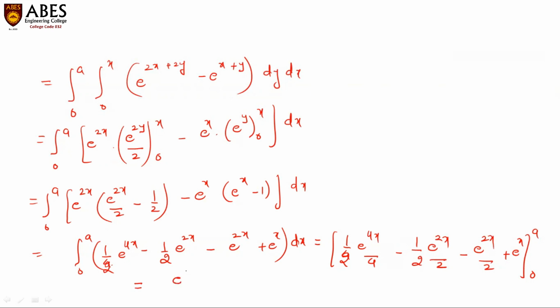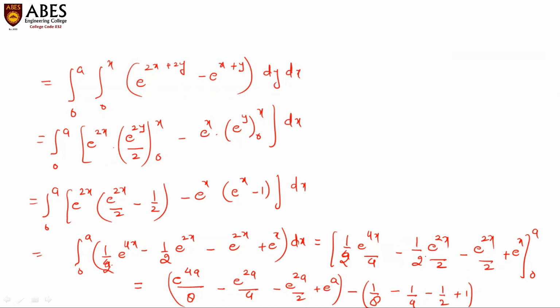E to the power 4a by 8 minus e to the power 2a by 4 minus e to the power 2a by 2 plus e to the power a. This is for the upper limit, minus 1 by 8, and we got e to the power 0 equal to 1, minus 1 by 4 minus 1 by 2 plus 1.